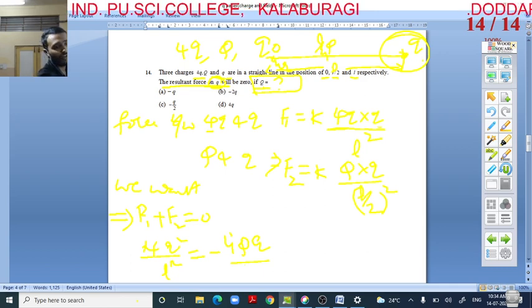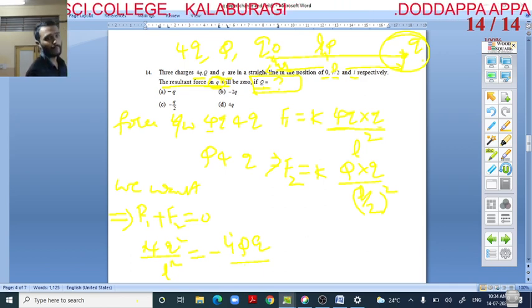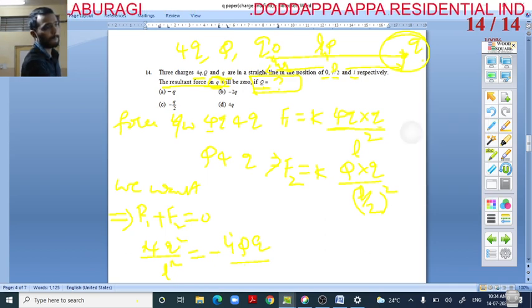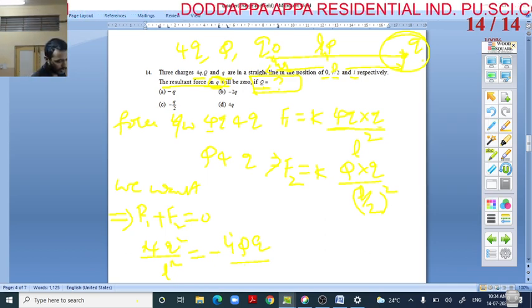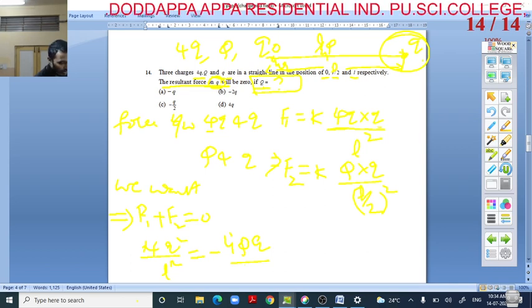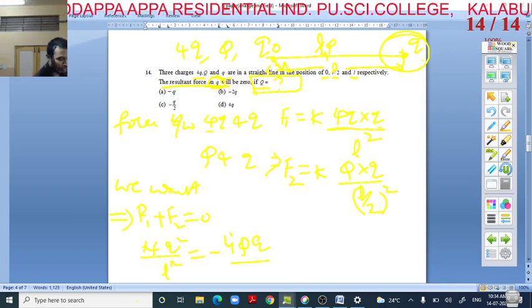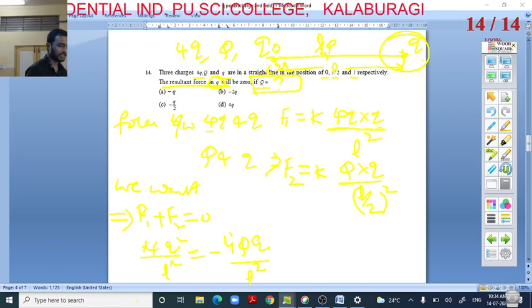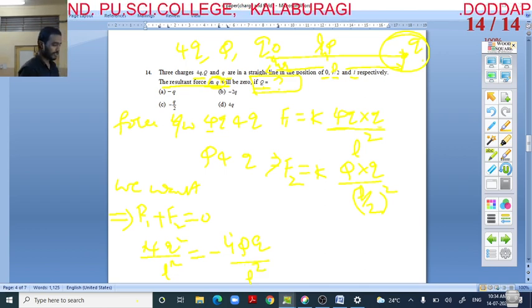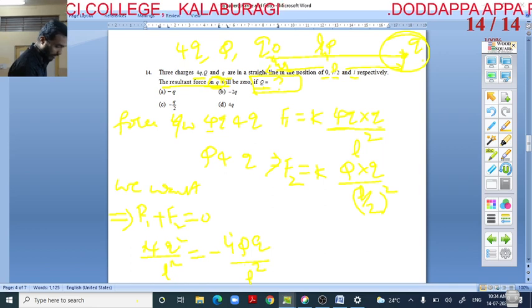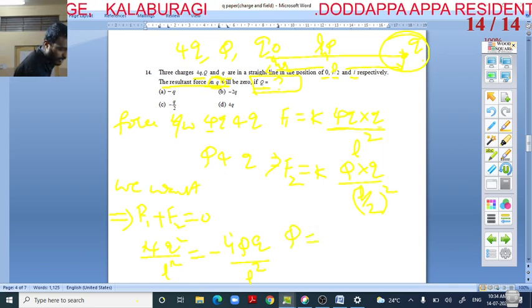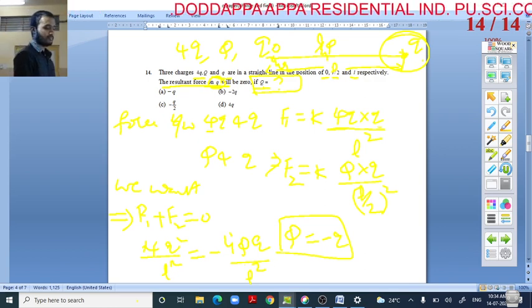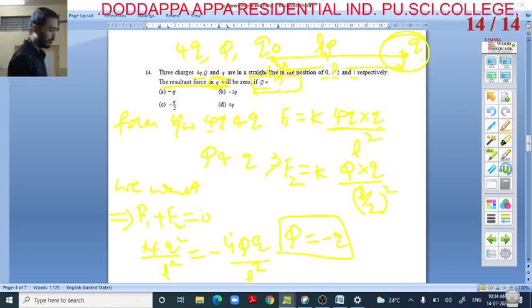That 2 square I will send to the numerator, so remaining denominator L square I keep as it is. By solving, capital Q is equal to minus Q, we will get here.